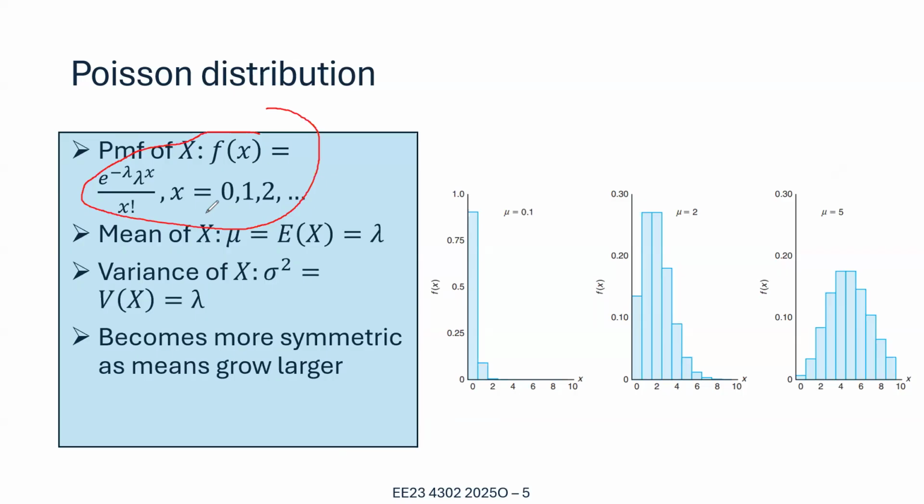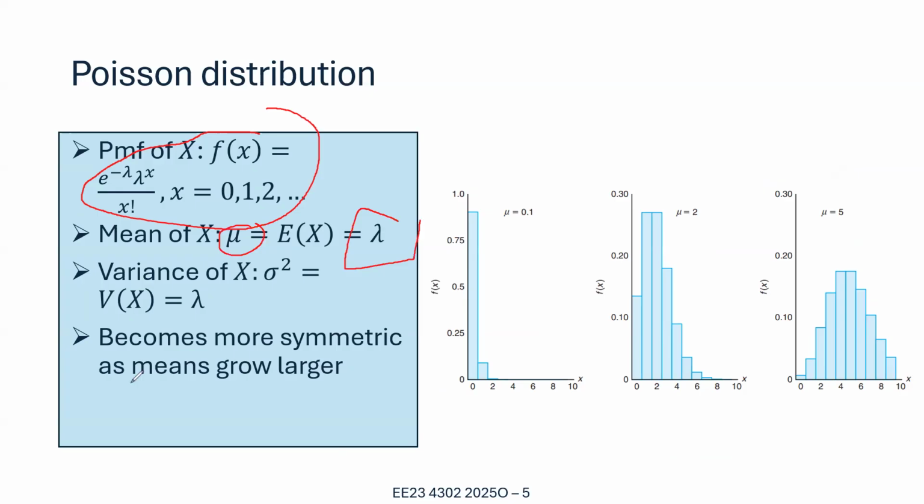And here x is non-negative, and the mean of x is mu, which is lambda, and the variance of x is sigma squared, which is also lambda. The interesting part is that the mean is embedded into the distribution, which is lambda. The variance of x is sigma squared, which is also lambda.